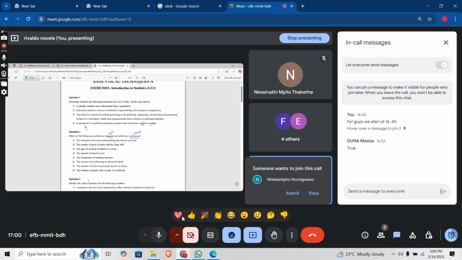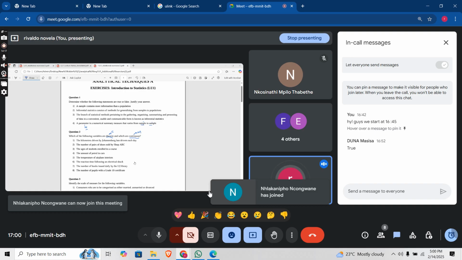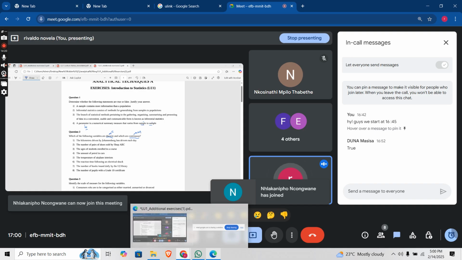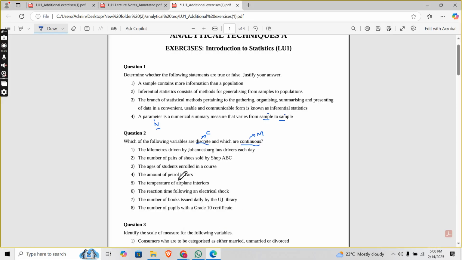In light of this information, let's answer a few questions. Question number 1, you have to ask yourself whether this information is obtained by counting or measuring. Number 1 says the kilometers driven by Johannesburg bus drivers each day, is it discrete or continuous?